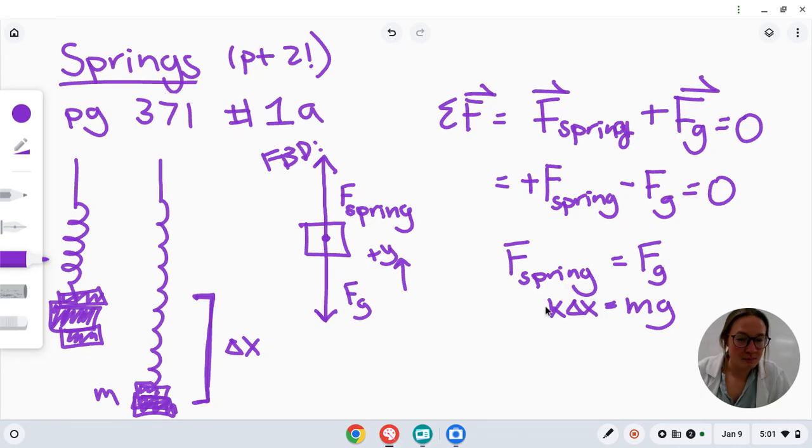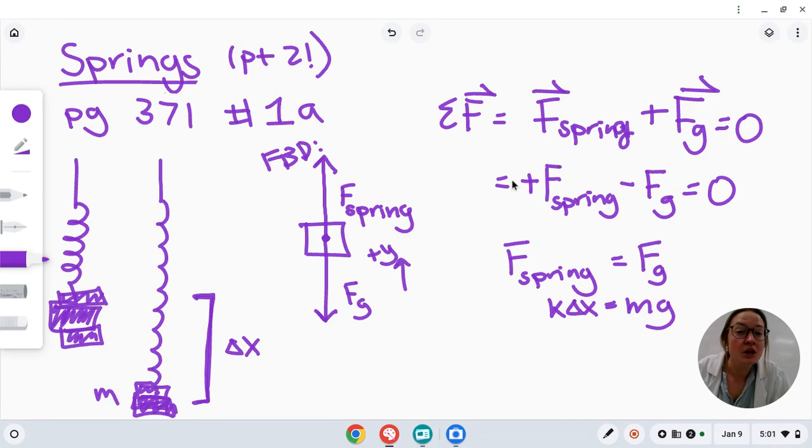Now some people might be panicking here because I did not put a little negative sign there, and you know what? I'm not going to put a little negative sign there. And they say, but why, Miss Wilson? You said today in class that the equation for the spring force is equal to negative k delta x. Here's why I'm not going to put the negative there. Do you remember us talking about how that negative was a directional thing that took care of direction? Well, check it out.